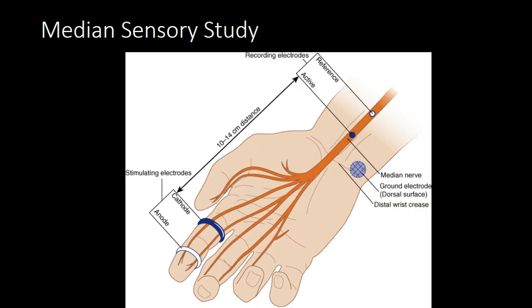Same for the median sensory study. Be careful about the distance between stimulating and recording electrodes. Also, if the fingers are bent, that will reduce your distance. So be careful, keep your hand straight. As I said, mark where you're gonna put your electrode, recording or stimulating, and go from there.